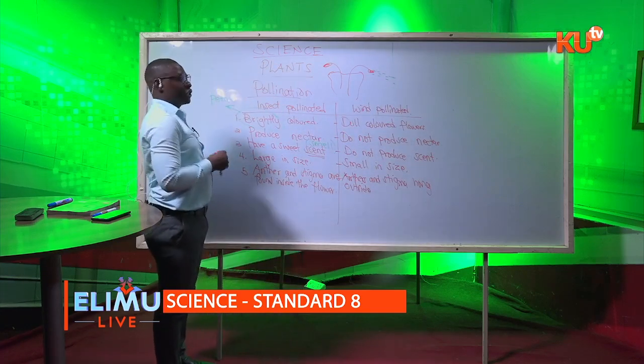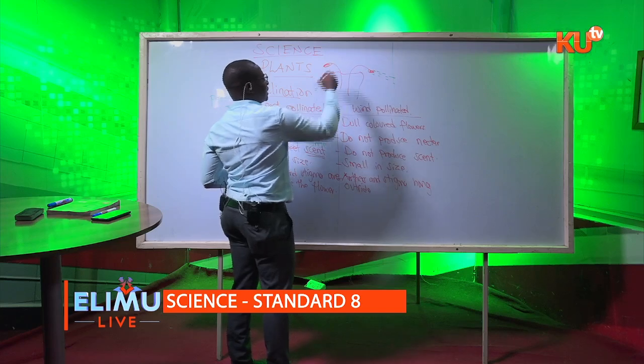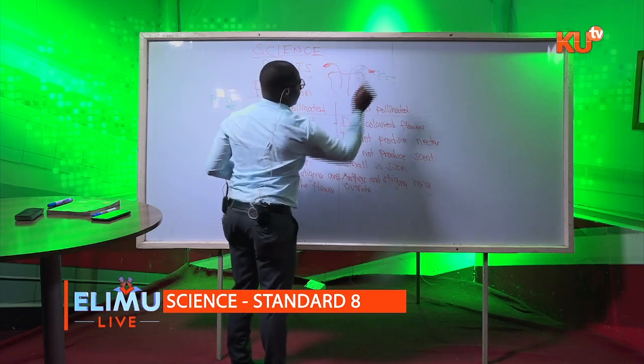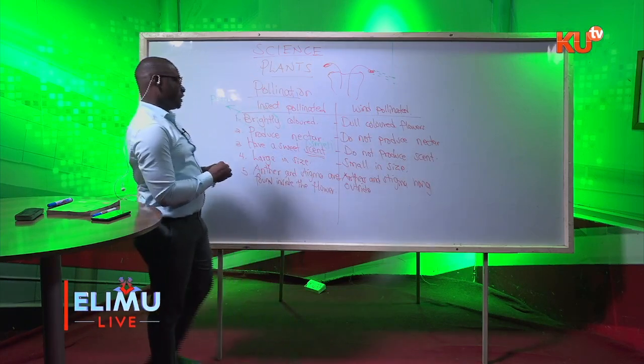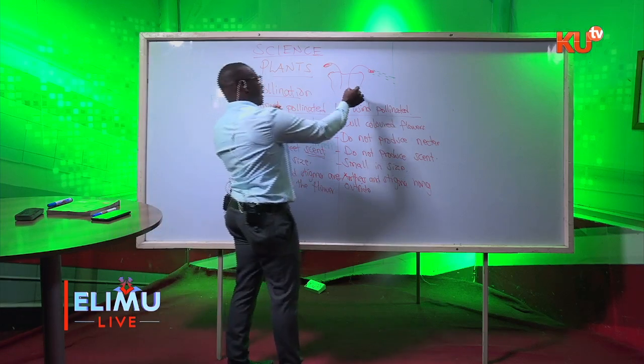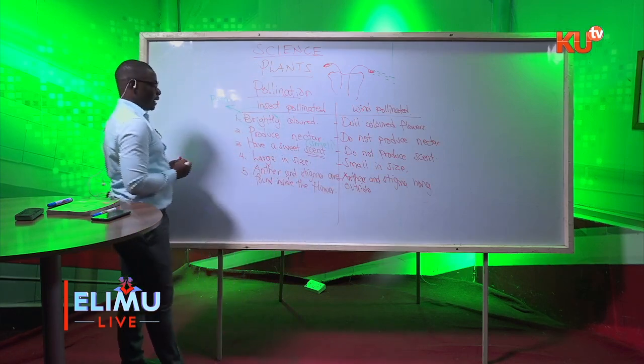Remember, the definition of wind is moving air. Once the wind blows, it blows away the pollen grains, and as they are blown away, they move from one flower to the other. Then pollination will have taken place.